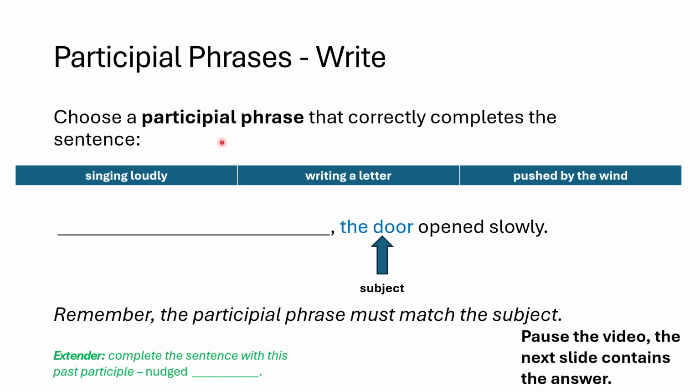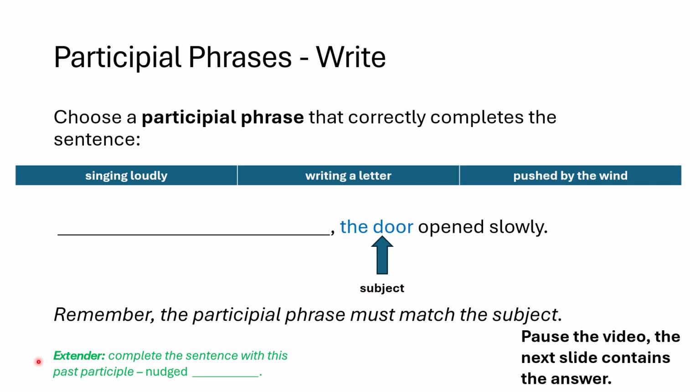Choose a participial phrase that correctly completes the sentence. Singing loudly, the door opened slowly. Writing a letter, the door opened slowly. Pushed by the wind, the door opened slowly. Remember, the participial phrase must match the subject.